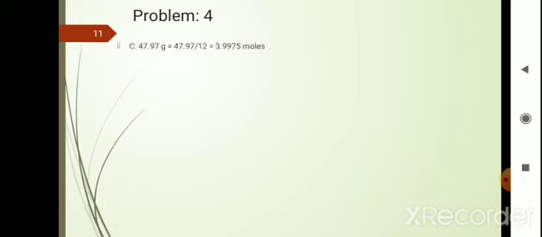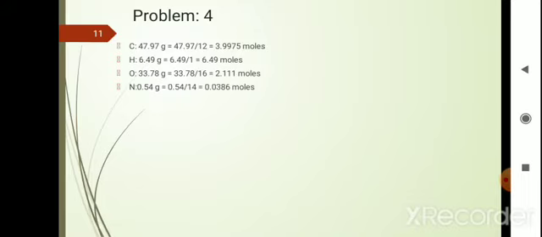So what will be the number of moles of carbon? It will be 47.97 divided by 12, the molecular weight of carbon, which is 3.9975 moles. Hydrogen 6.49 divided by 1, 6.49. Oxygen 33.78 divided by 16, 2.11 moles.